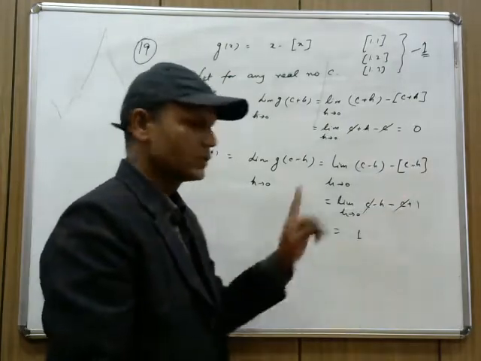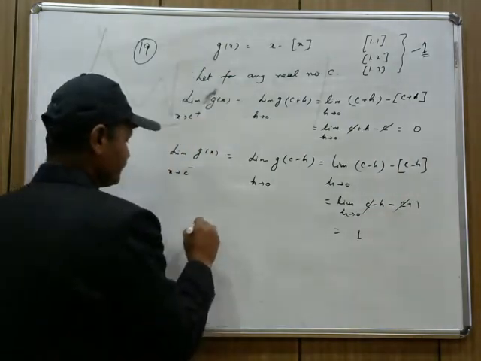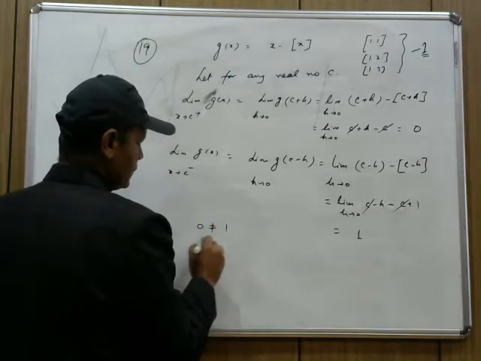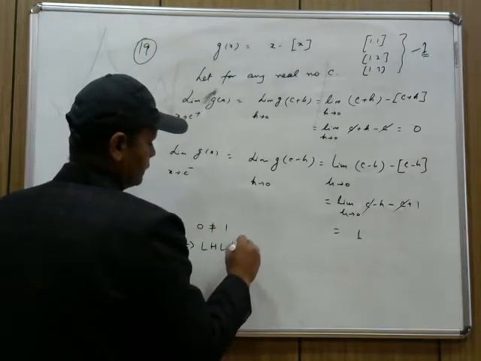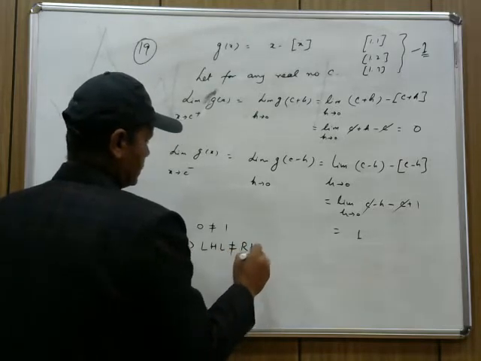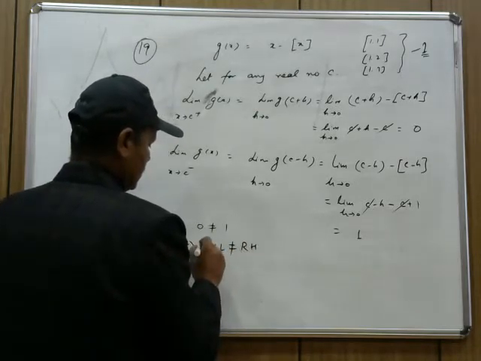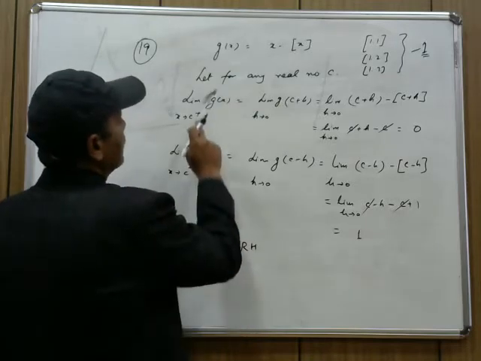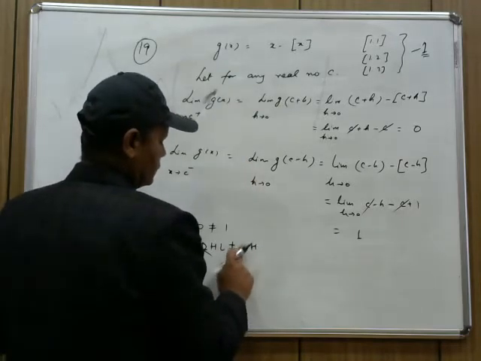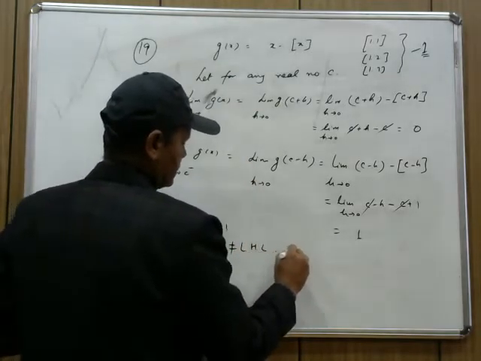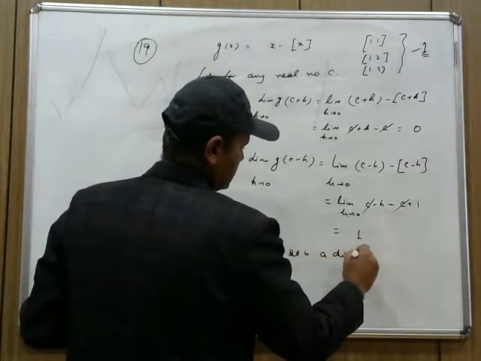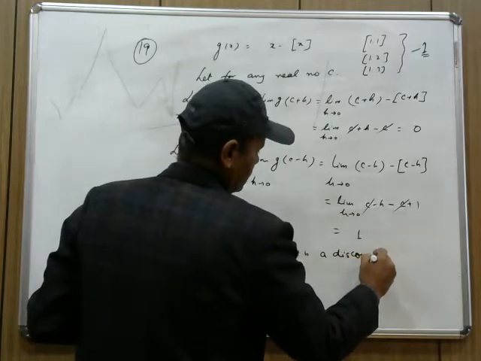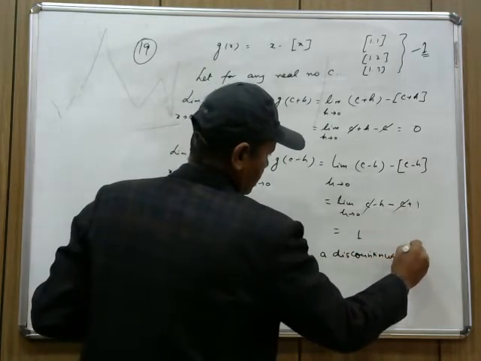And what we find out? 0 is not equal to 1. That means here 0 is not equal to 1. It implies that LHL is not equal to RHL, and hence it is a discontinuous function.